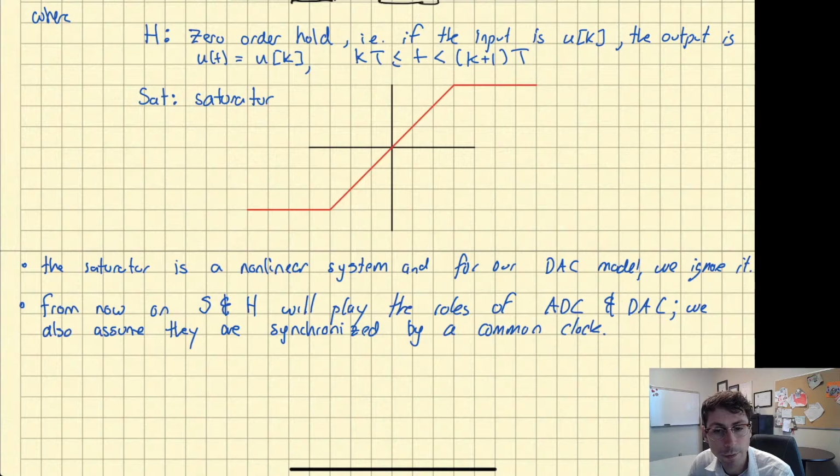That's a standing simplification that we're going to make throughout this course, and it's reasonable. It's a standard thing that one would do.